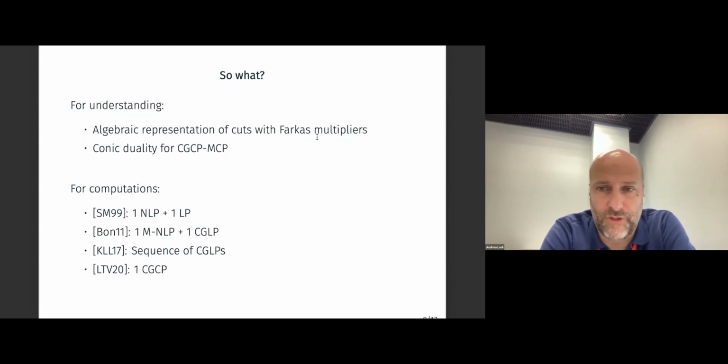From the computational standpoint, the difference is that what we are proposing here is to directly solve the cut-generating conic problem. I've already talked about this, but the original paper of Stubbs and Mehrotra, 1999, was generating cuts for mixed integer convex optimization by solving a large NLP and then one LP, in order to derive the cut itself.